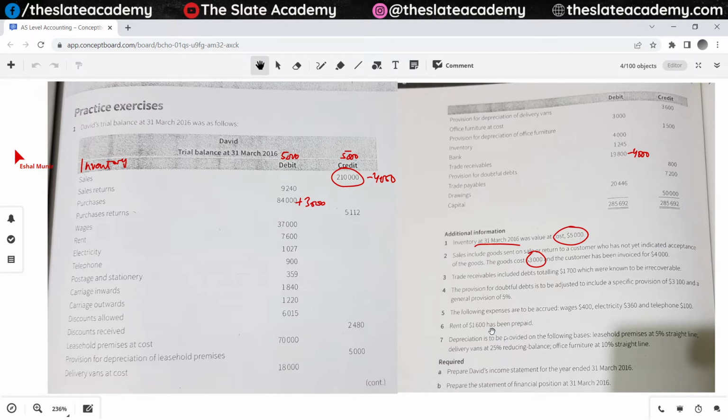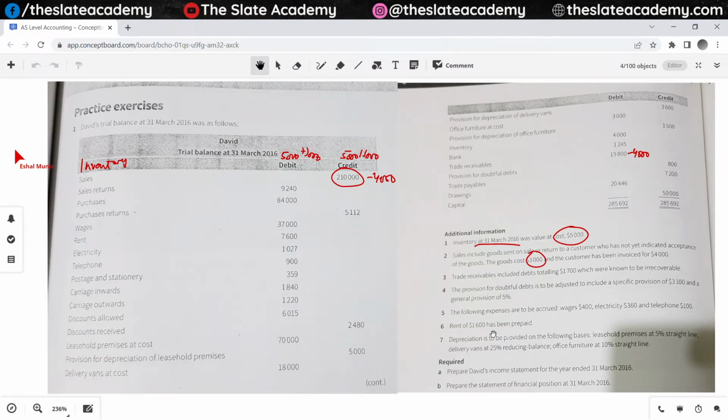Now the thing is, have these already been included in the closing inventory or not? It's a small mistake. Instead of adding it to the purchases, I can simply add it to the 3,000 balance of inventory, both in the income statement and the statement of financial position. This 3,000 would get added.